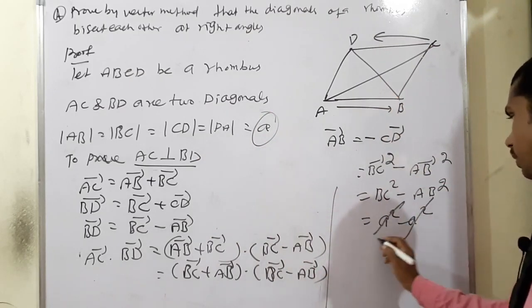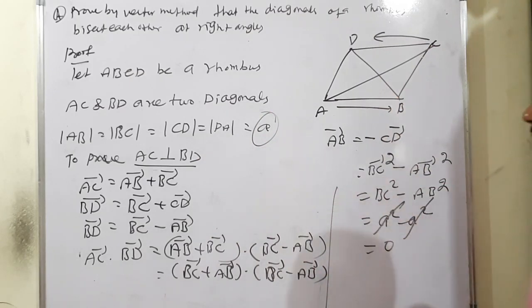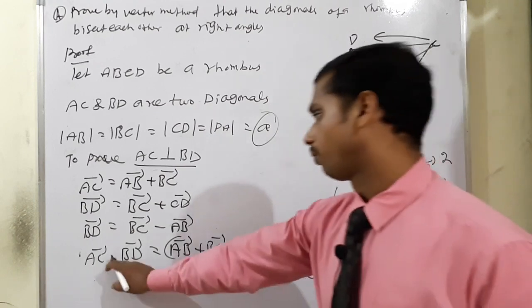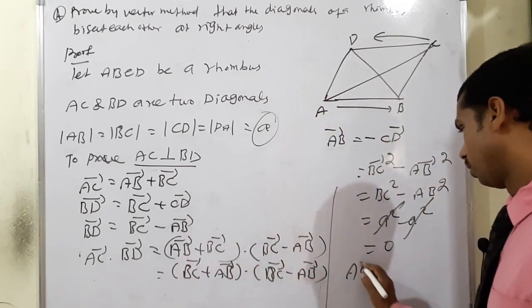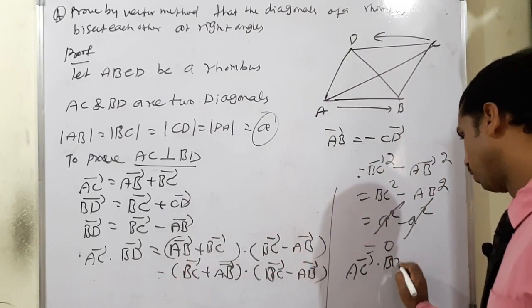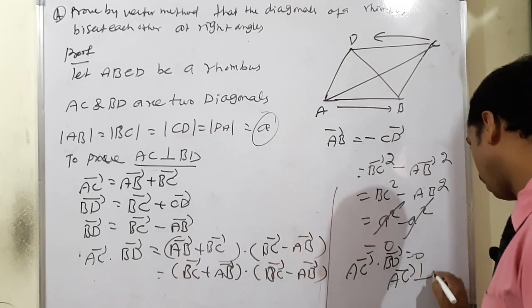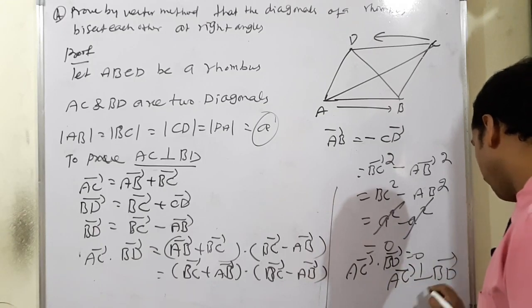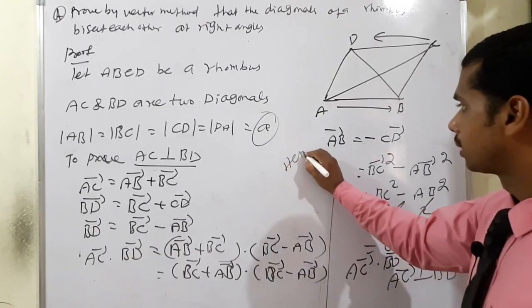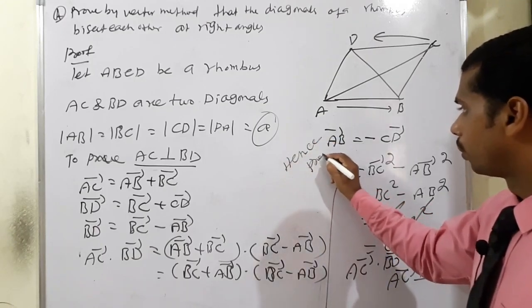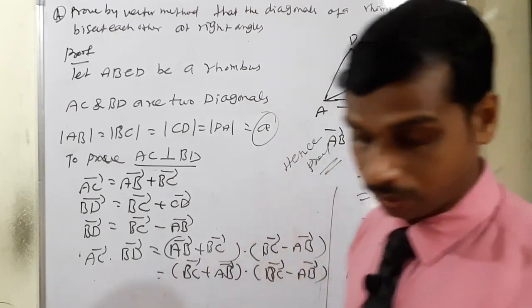Plus a square minus a square cancel, so the answer is 0. Therefore, AC vector dot BD vector is equal to 0, which means AC vector is perpendicular to BD vector. Hence proved. Okay, I will continue with the next question.